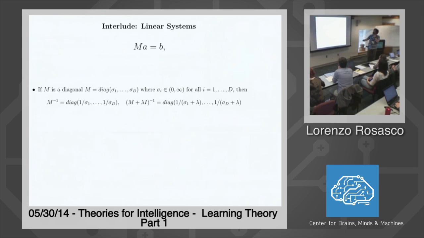And then to solve this problem, you have to invert. But what's the inverse of a diagonal matrix? It's just 1 over the diagonal, okay? And now you immediately see the problem we already saw yesterday. If the eigenvalue is small, even in this simple case, everything explodes. A little perturbation here can make everything change.